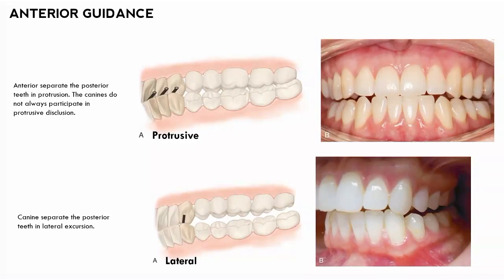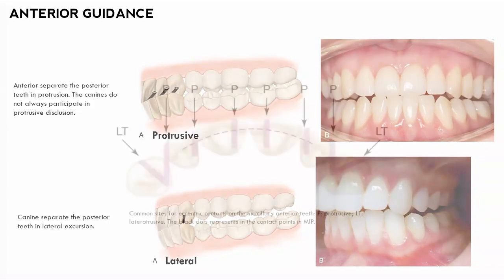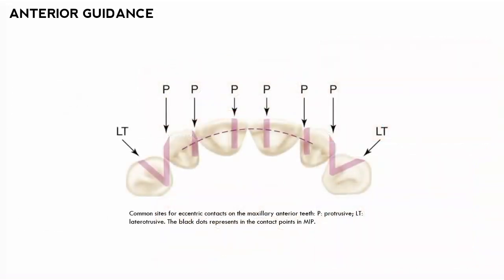In reality, and maybe we can do this as a group and examine each other's bite, I'd be surprised if we found somebody here whose canines also help separate the teeth as you moved your jaw forward. It's almost always just the incisors, but in multiple textbooks, they always have these diagrams that show the canines participating in protrusive as well, okay?